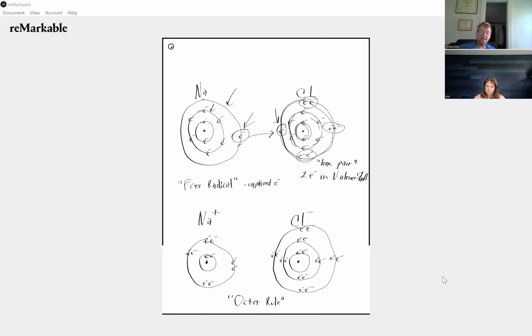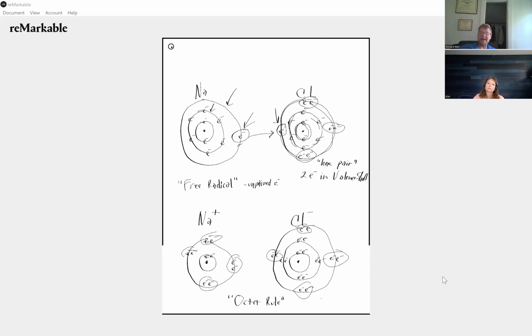And the octet rule basically says that with some exceptions, the outermost shell always wants 8 electrons. 2, 4, 6, 8. We'll talk about why that is in a bit. So sodium can fulfill that octet rule.